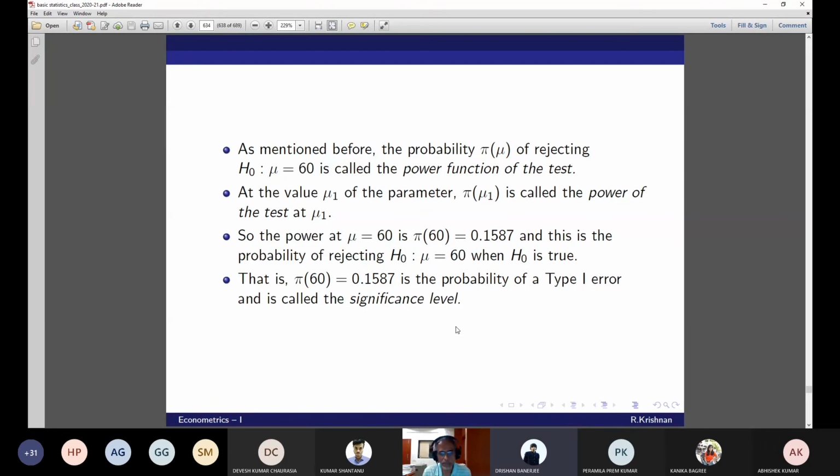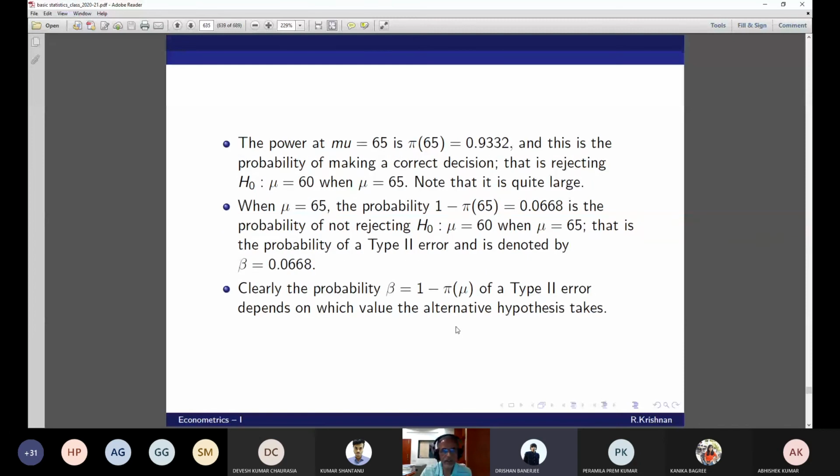Yes, but here there is only one mu in H0, right? Mu in H0. So let me tell you, for example, when mu is 65, see the power. Oh, okay, so what I found, 1 minus that, is the power of the test. Yes. Okay, now it makes sense.